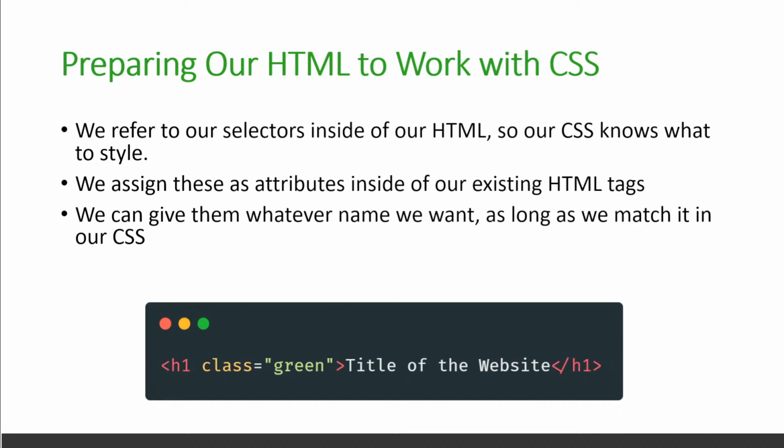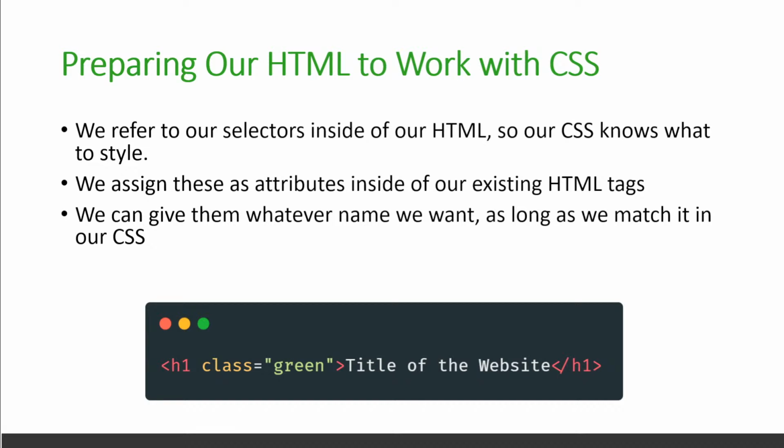So by default, we deal with the element selector, which is just the tag name. A for an anchor tag or a link. H1 for a heading level 1. P for a paragraph, so on and so forth. Do that in our CSS.